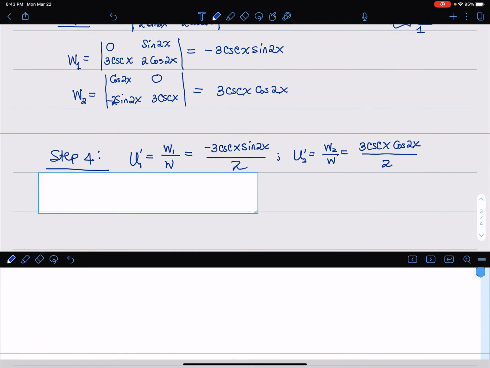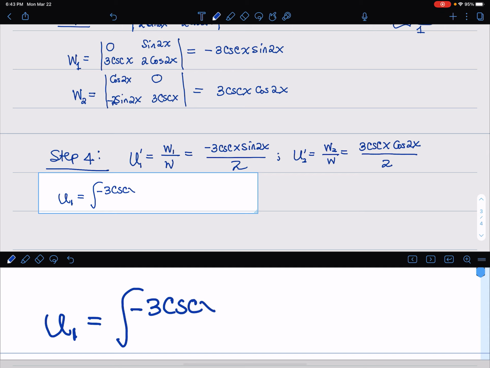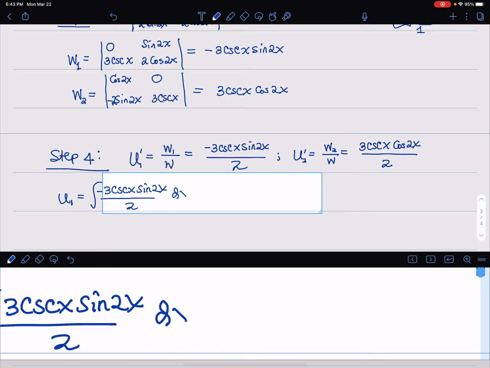All right, so to get our u's, we need to integrate each of these. u1 is the integral of negative 3 cosecant of x sine of 2x all over 2 dx.